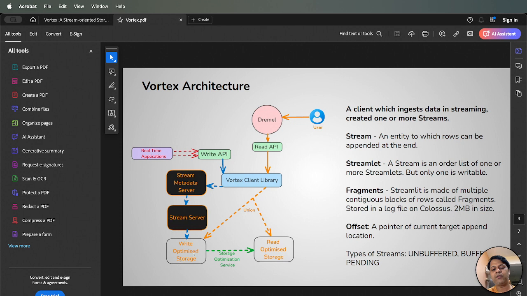Behind the scenes, the write-optimized storage also uses Colossus only, but there is a layer in between which handles the data very performantly for writes, with certain data structures or components which handle the stream data ingestion.